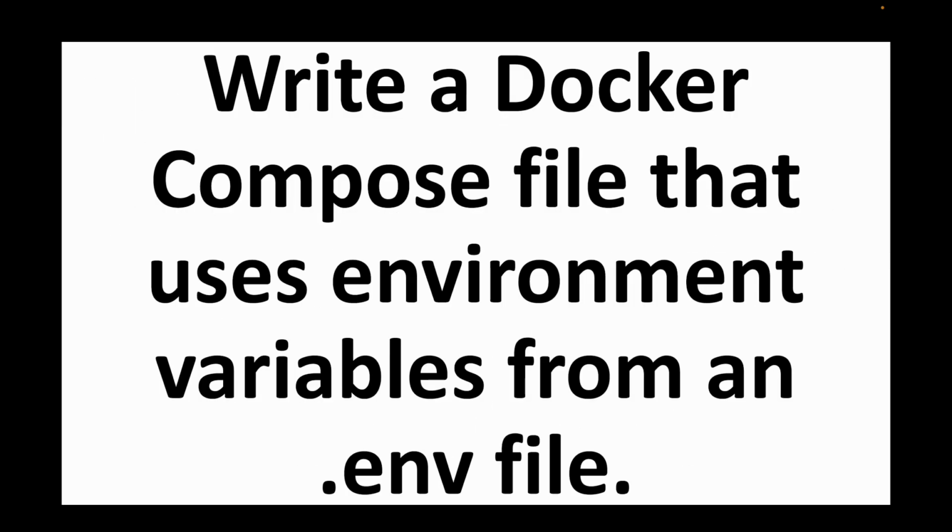The next question we have is, write a Docker compose file that uses environment variables from a .env file. So basically, create a Docker compose file, but then we want the environment variables to be defined in a separate file, the .env file, and then we'll need to call that variable inside the Docker compose.